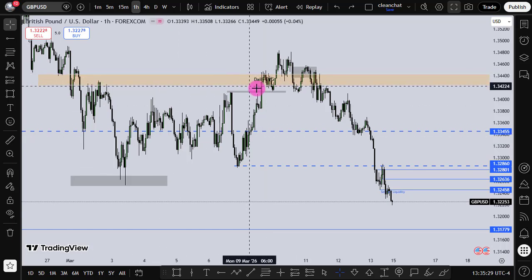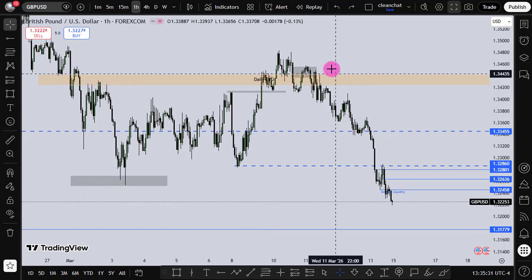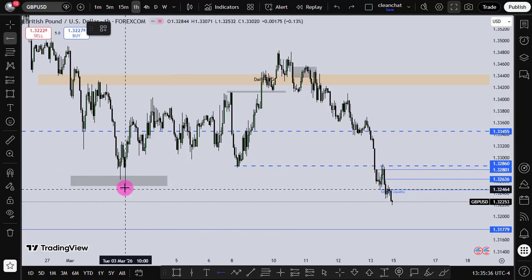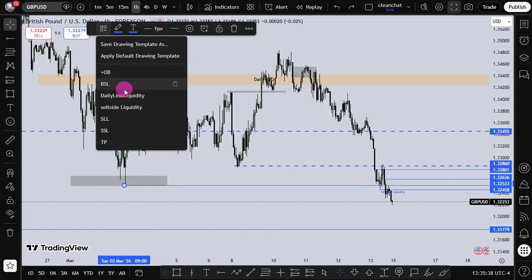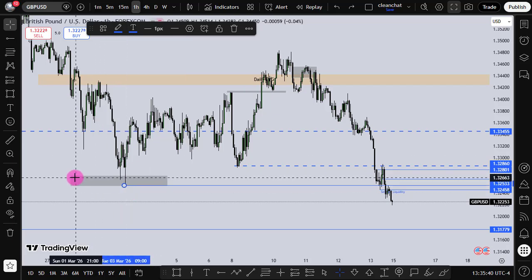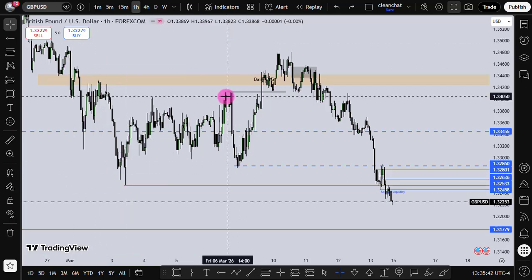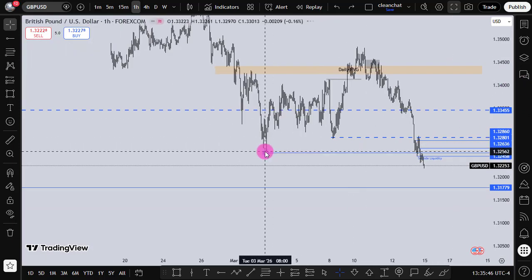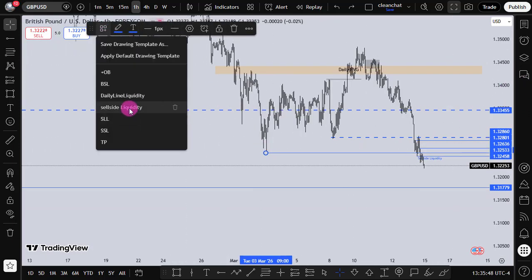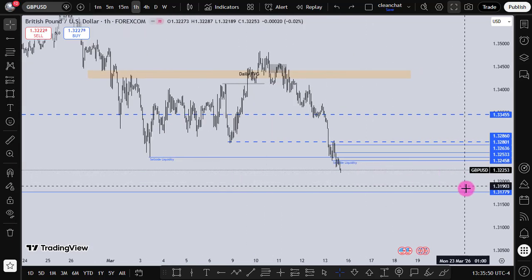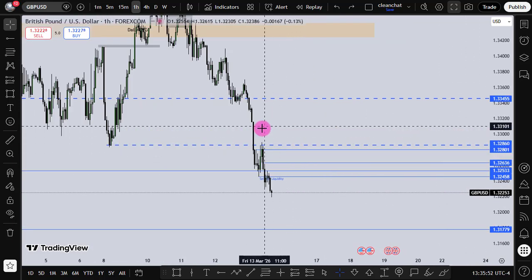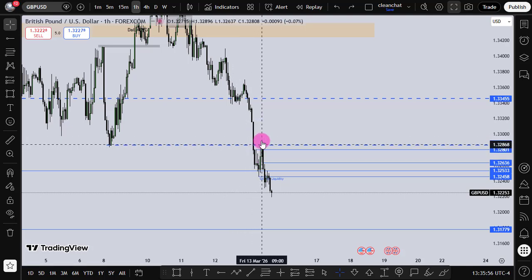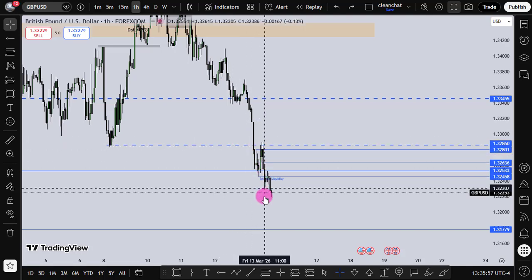Then we had price clearing this sell side that is here on the 1 hour. Let me clear up this. That was it, guys, and we had price retracing back, respecting this low and then this fair value gap that was here on Friday, and then price respected and went down, attacking the sell side.